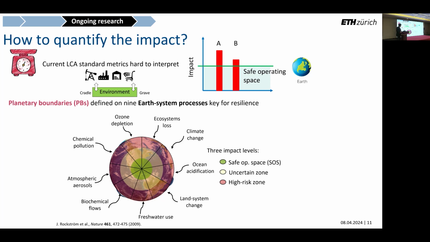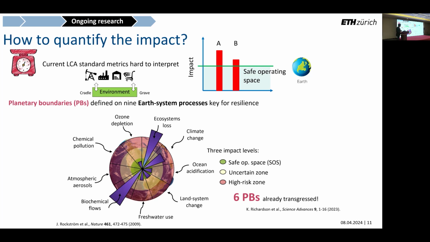And finally, if you continue to increase the impact further, then you enter into the high risk zone where there is a very large probability of shifting the equilibrium state of the planet to a new state, which most likely will be less friendly for humanity. Right now, just to give you an idea, 6 planetary boundaries out of 9 were already transgressed. So there is indeed a strong motivation to develop tools and algorithms that design systems to operate within the safe operating space.